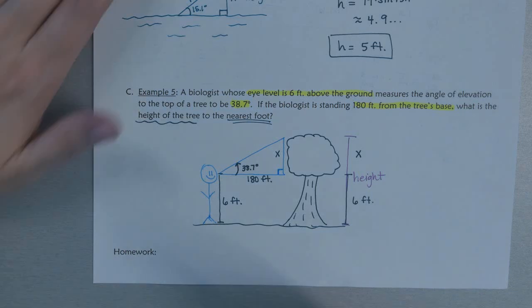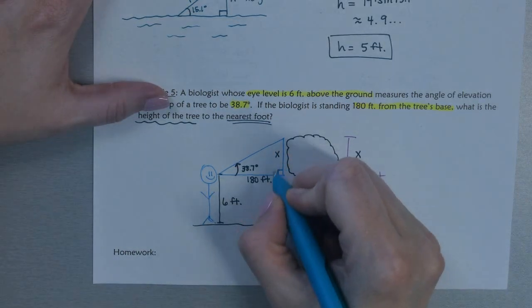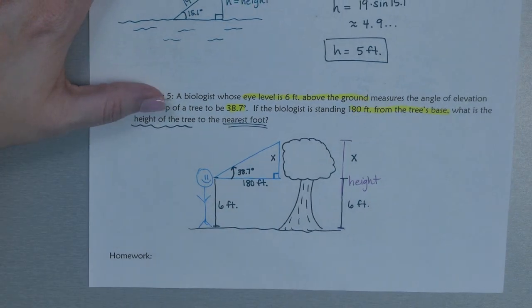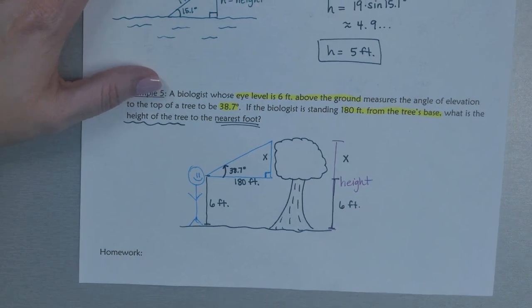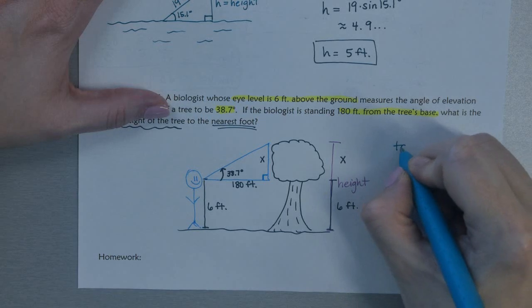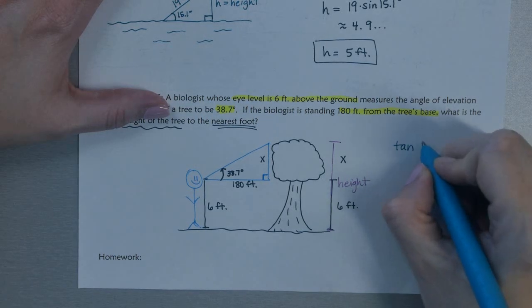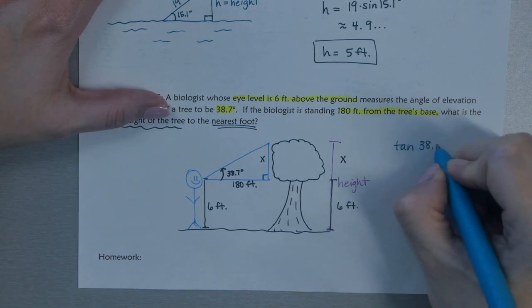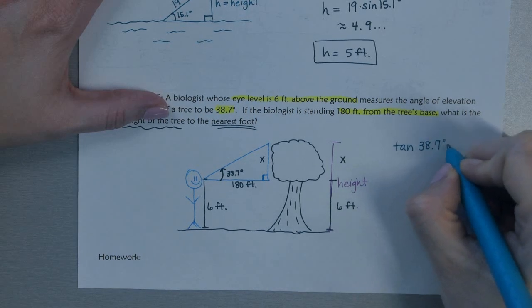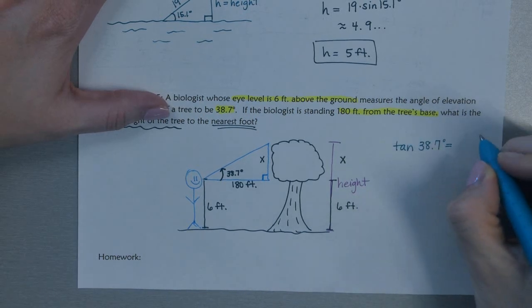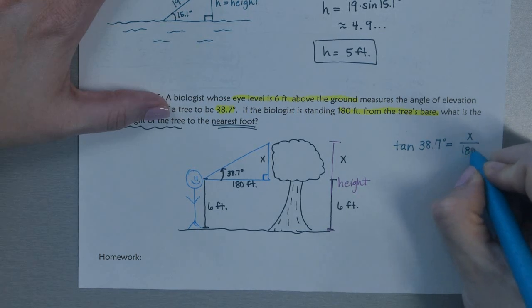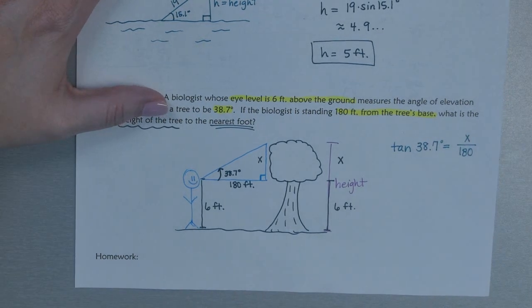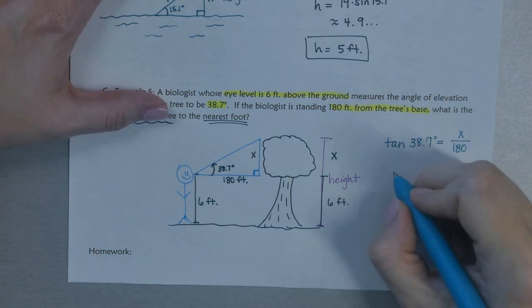So here we have the opposite and the adjacent. If we have O and A, what function are we going to use? Yep, the tangent. So the tangent of what? Yes, 38.7 degrees equals x over 180. So we're going to multiply or divide on this one?